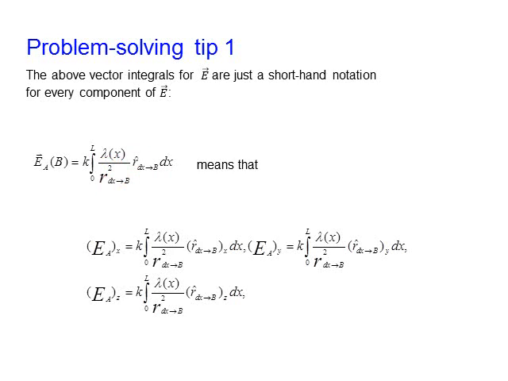So the x component of the vector E on the left-hand side can be found by taking the x component of the vector r hat on the right-hand side, multiplying by all the scalar numbers, and integrating. Similarly, the y component can be found by integrating the y component of r hat with the other factors. And similarly for the z component, we take the z component of r hat and integrate it.